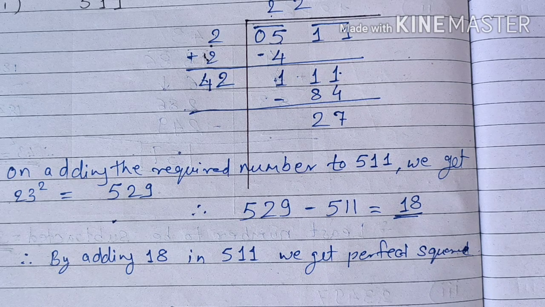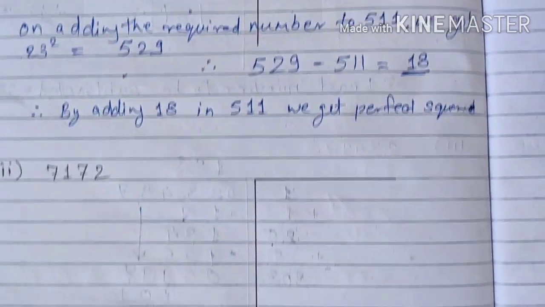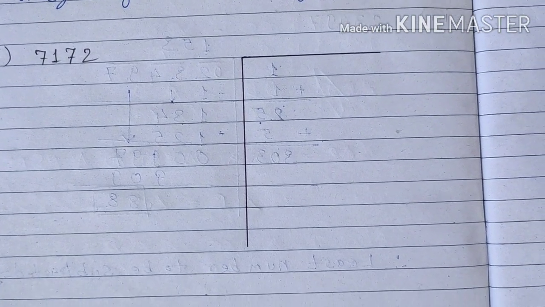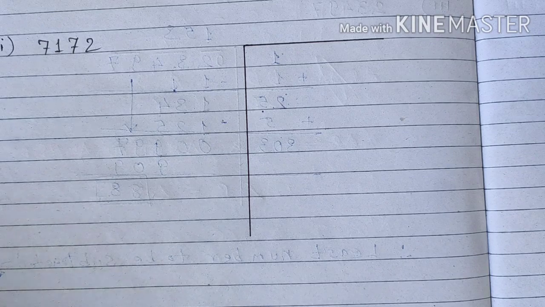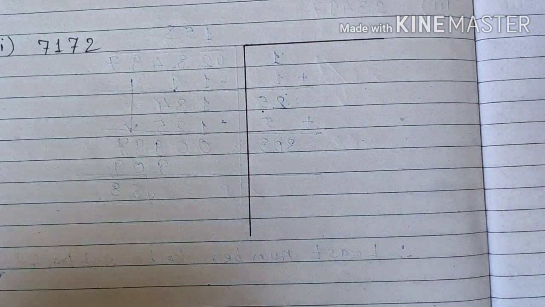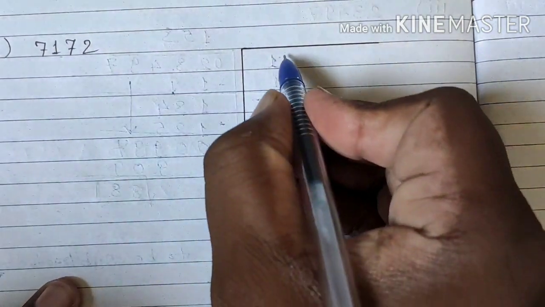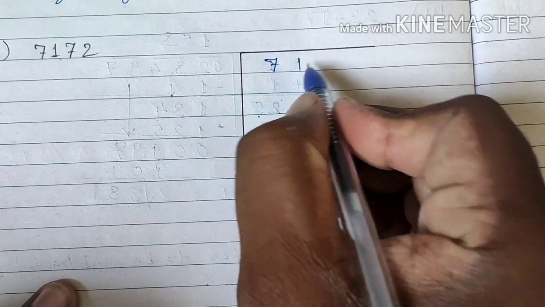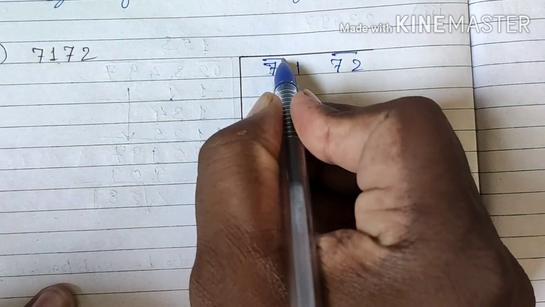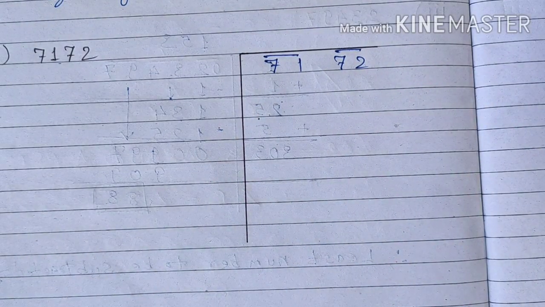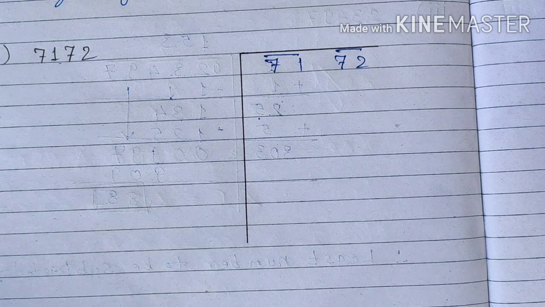Okay. One more example of a similar type. 7172. Make a pair. This is our first pair and this is the second pair. 71 is the first pair. Now students, whose square is less than 71?